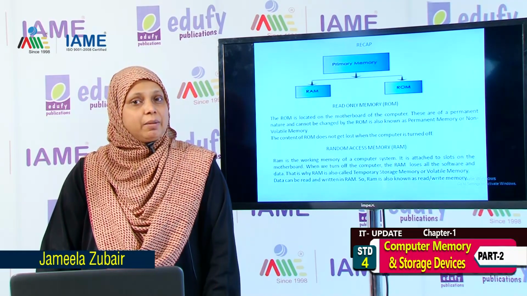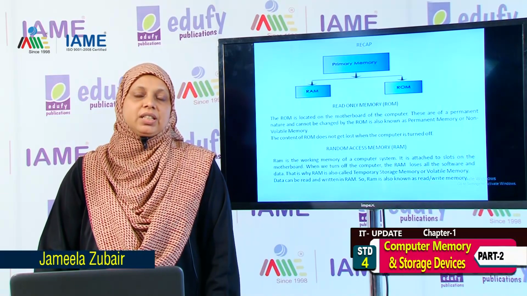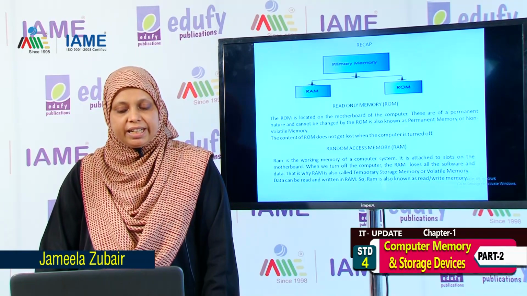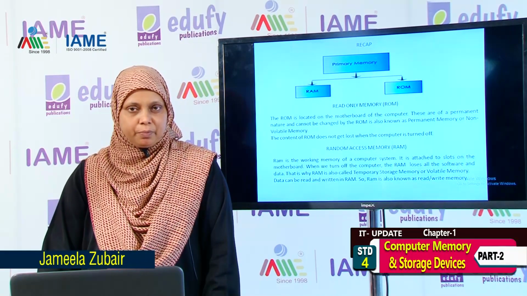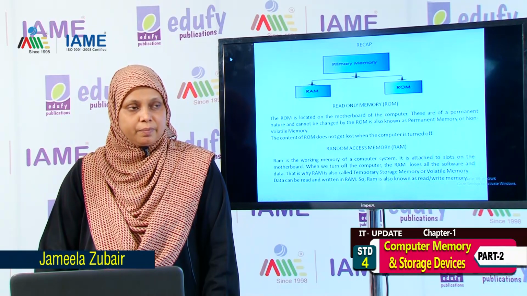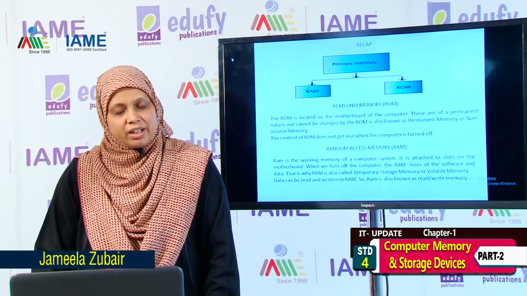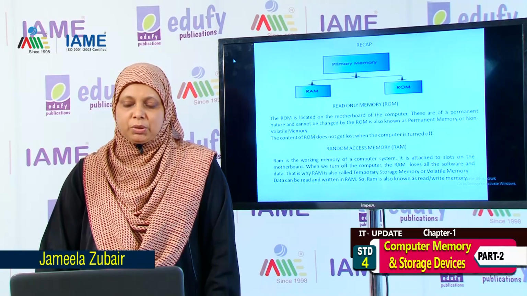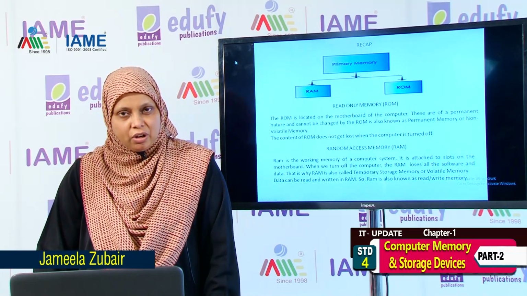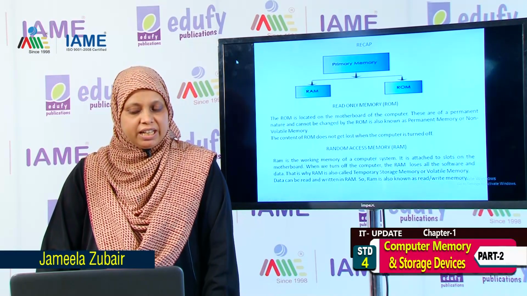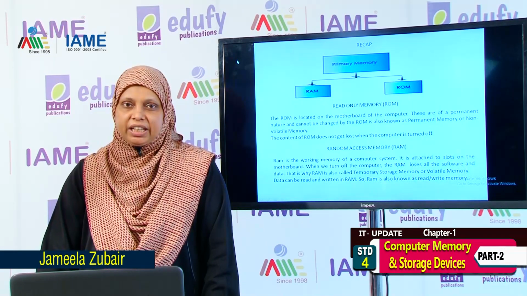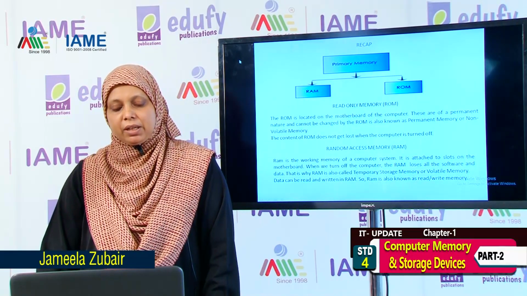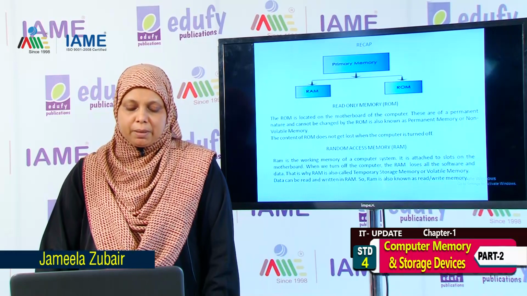Primary memory is further classified into RAM and ROM. Read only memory, ROM. Where is this ROM located? Yes, you are correct. It is located on the motherboard of the computer, and it is of permanent type. Can we change it? No, we cannot change it. That is why it is called permanent memory or non-volatile memory.